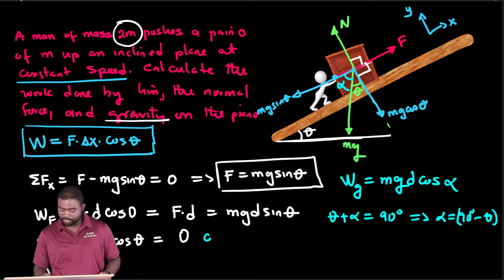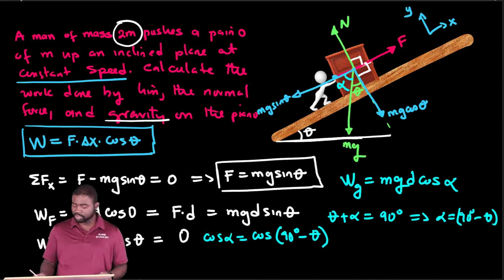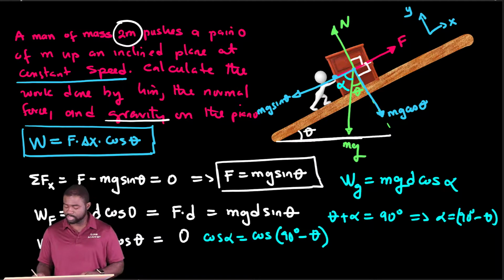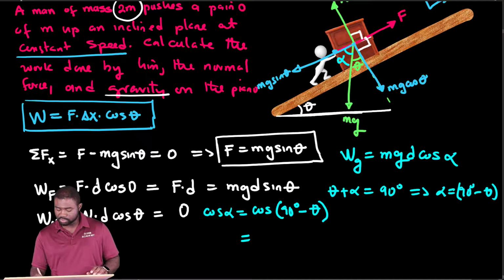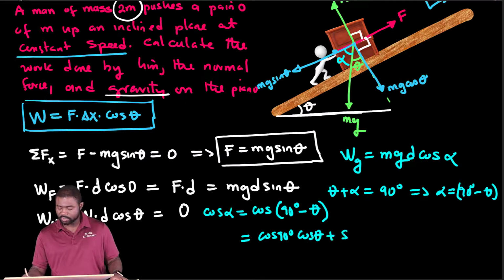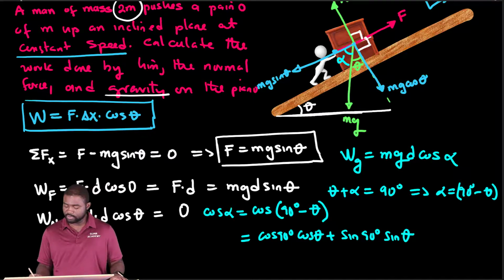So cosine alpha will be equal to the cosine of 90 degrees minus theta. This is equal to cosine of 90 degrees times cosine of theta, plus sine of 90 degrees times sine of theta.